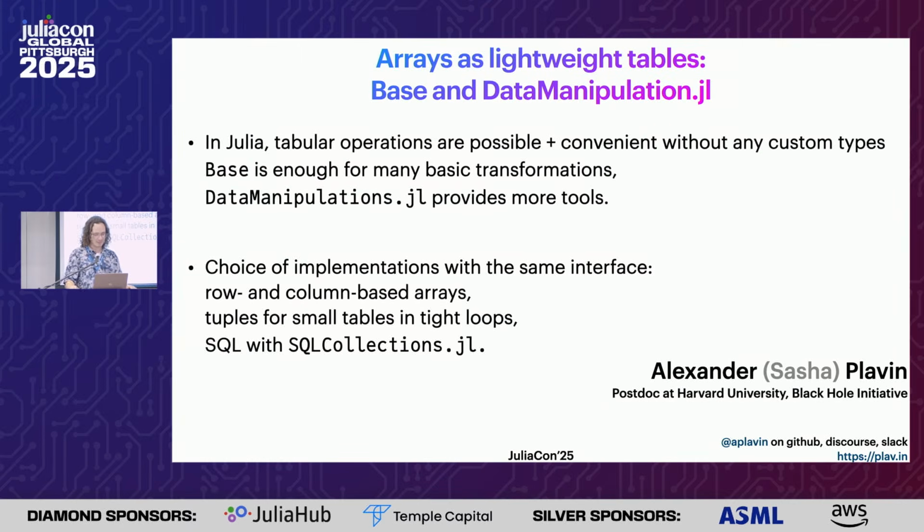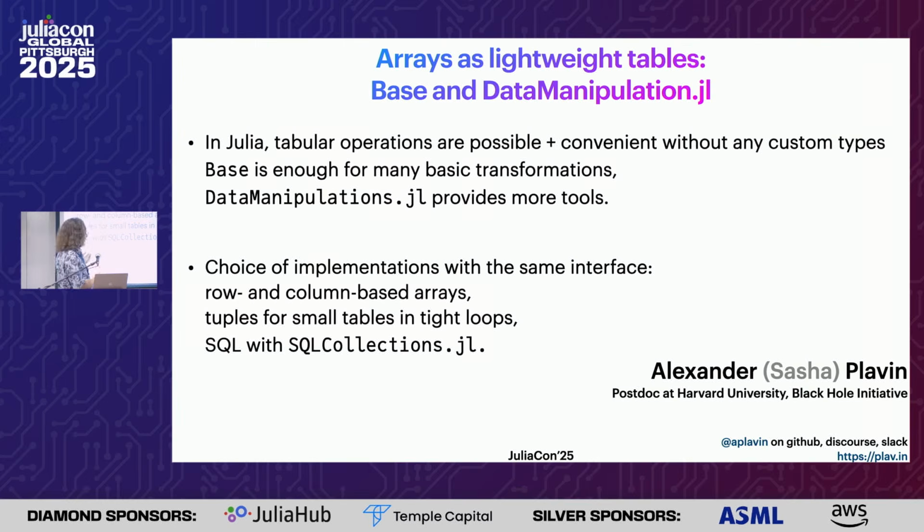To sum up, what I like about working with tabular and quasi-tabular data in Julia is that a lot of operations are possible and convenient without any custom types. In Python, you cannot really do that with built-in lists or NumPy arrays. It's not very convenient. Base is already enough for many basic table transformations. DataManipulation.jl is a package that provides even more tools for that.